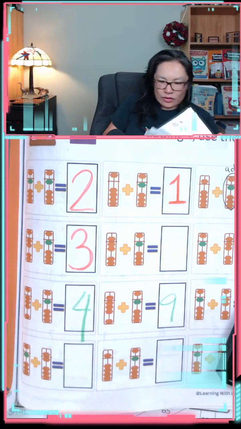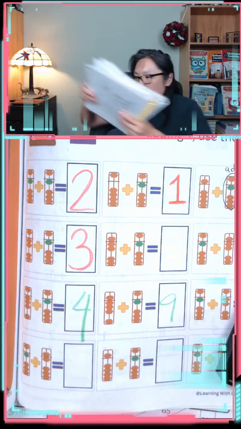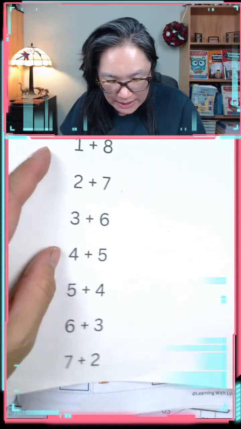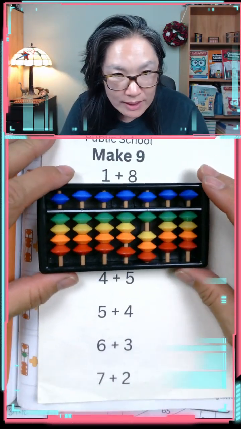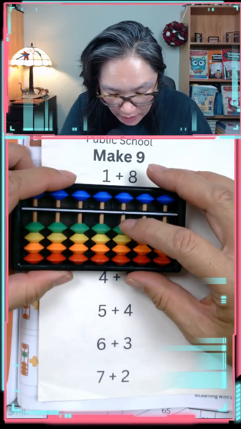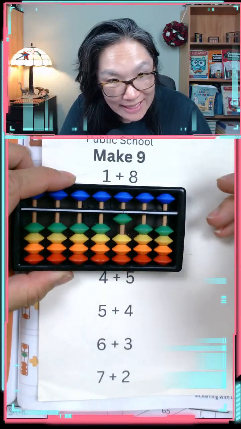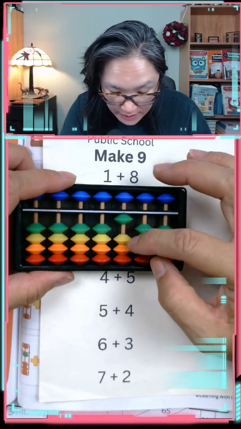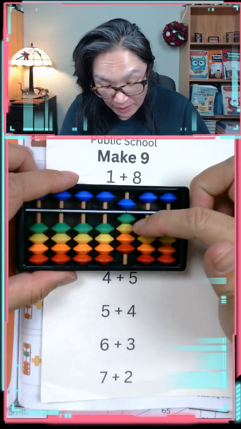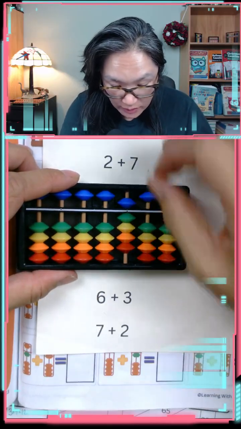So in mainstream, if I can find my paper, here it is. Mainstream is kind of funny because they're like, well, you got to memorize how to make a 9. Well, why do we need to memorize how to make a 9? In Abacus world, we don't need to. Why? Because it shows us already on the abacus. So if I have 1, I need to add the 8. Guess what? 5, 6, 7, 8, just bring it together. I don't need to memorize that the 8 is there. We could do it again with the 2.